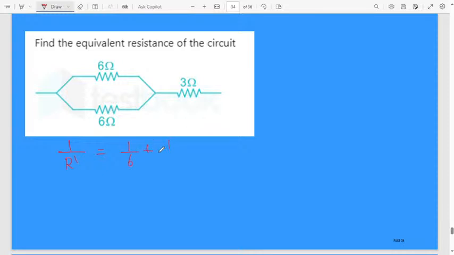Then 1 by 6 plus 1 by 6 is nothing but 2 by 6, equal to 1 by 3. Then R dash is 3 ohm. Then we can replace this with 3 ohm. This 3 ohm and this 3 ohm are in series, so R equivalent is 3 plus 3, which is 6 ohm.